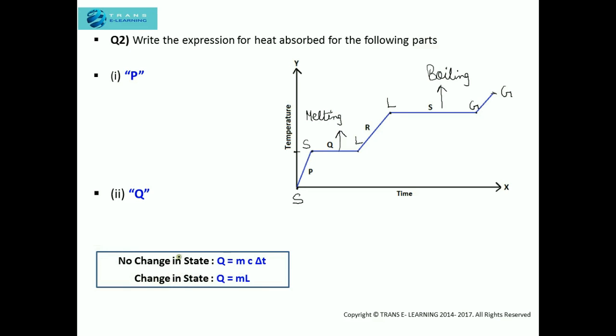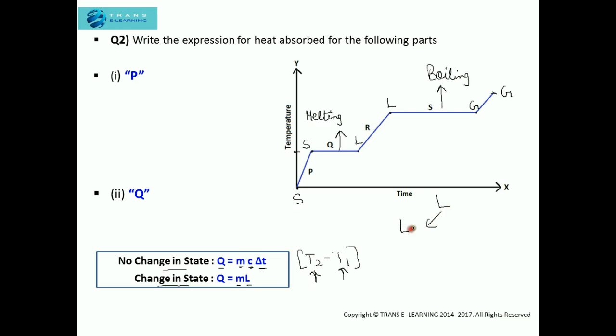You know, when there is no change in the state, then the heat absorbed is given by mc delta T, where m is the mass of the substance, c is the specific heat capacity of the substance, and delta T is the change in temperature, that is T2 minus T1, that is final temperature minus initial temperature. And whenever there is a change in state, the heat absorbed will be m into L. L is of two types.